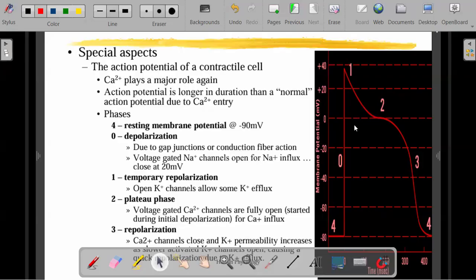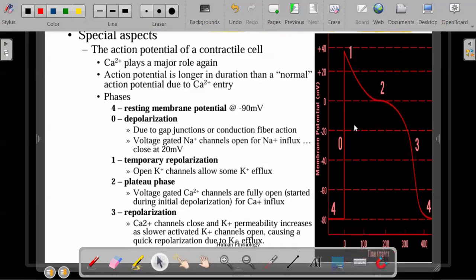That's why it forms this plateau in this graph. This is important as it allows long contraction of the heart muscles, and it also prevents a continuous contraction of the heart. So this phase is important and it is unique to the cardiac muscles.